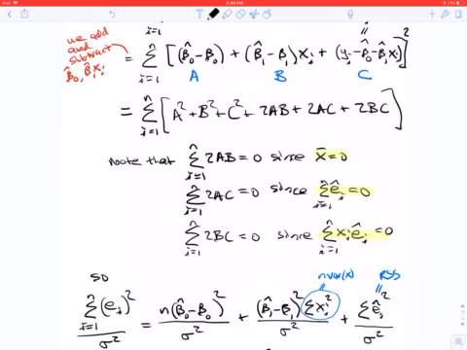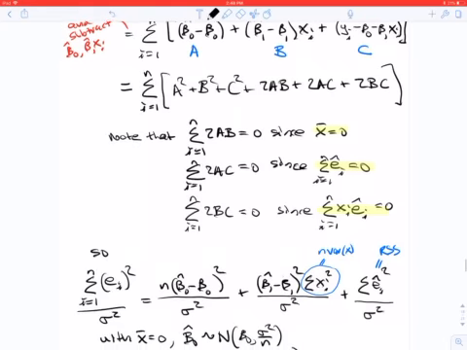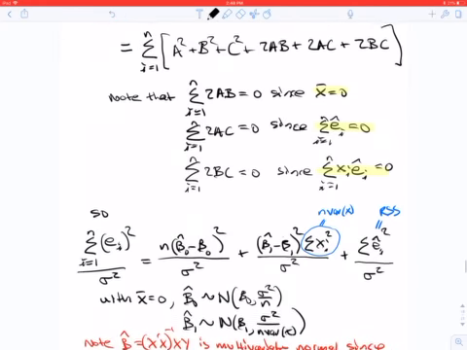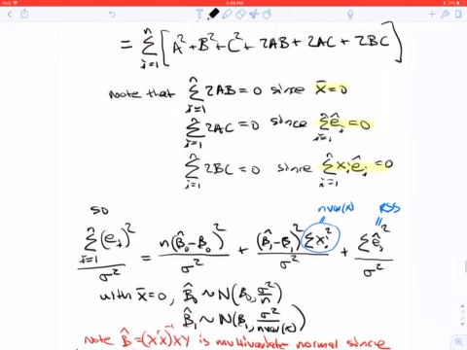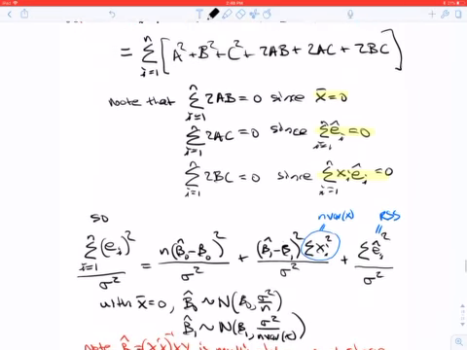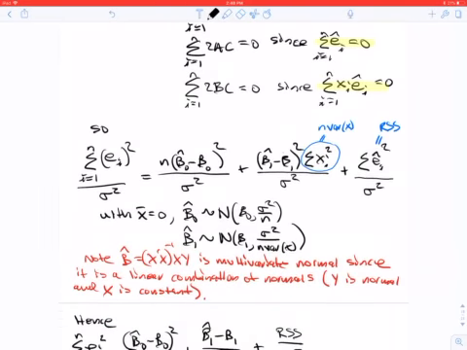Then here we see that the AB, AC, BC terms are all 0 because of x bar being 0, which is something we're assuming now, and then our normal equations. So having all of this makes things very nice. We don't have any of these cross terms anymore, and our sum of squares error over sigma squared now has 3 terms.